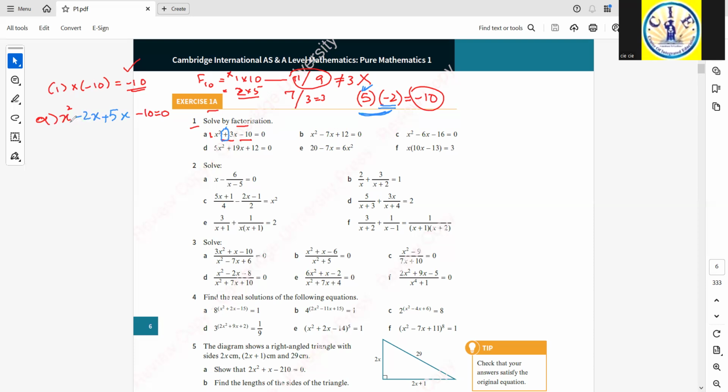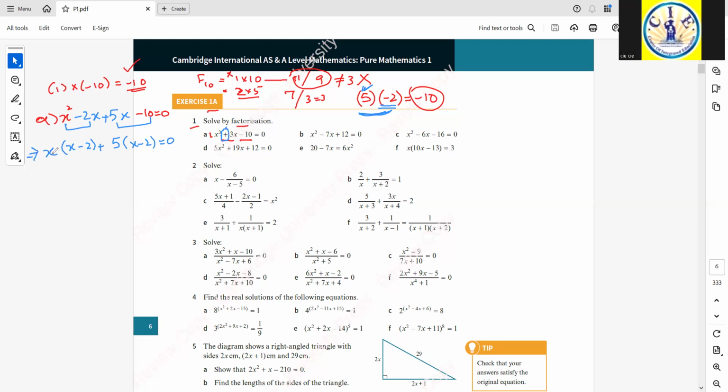So now grouping them like this, I can take x common from the first two terms and I'm left with x minus 2. And from the second pair, I can take 5 common and I'm left with x minus 2.